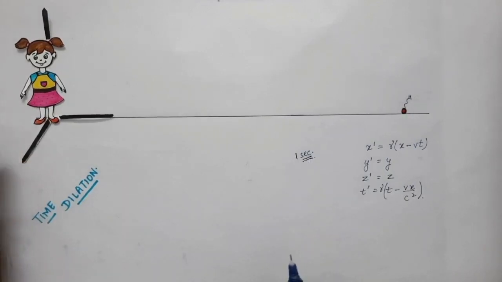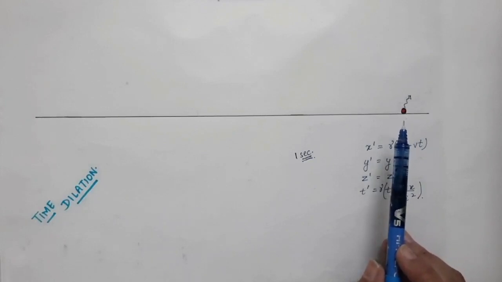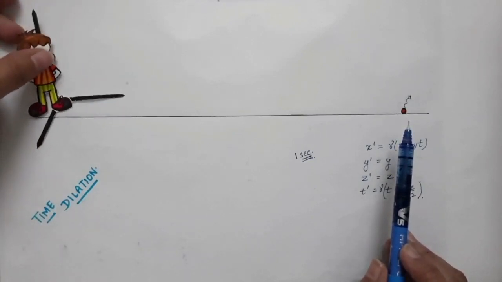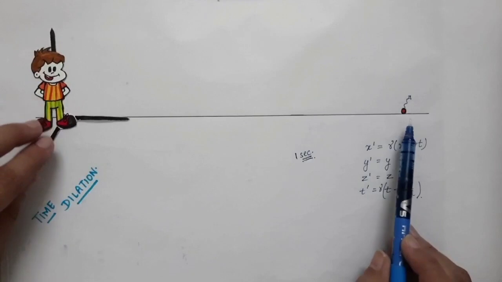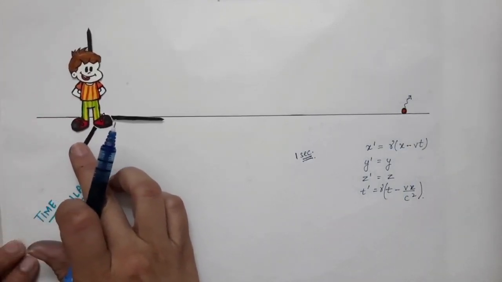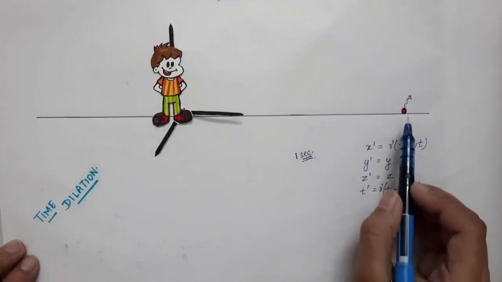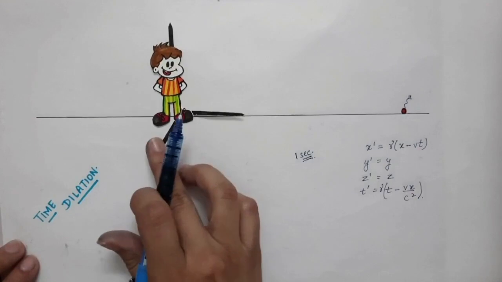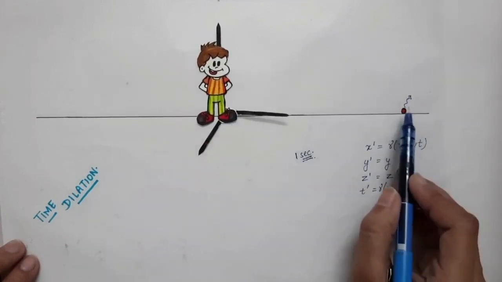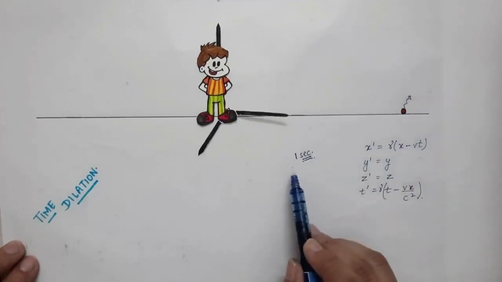But when you observe the same source, which is emitting the photons, from a moving frame, so let's say your friend is moving with respect to you, when your friend observes the same events, according to him, the time gap will be greater than 1 second.